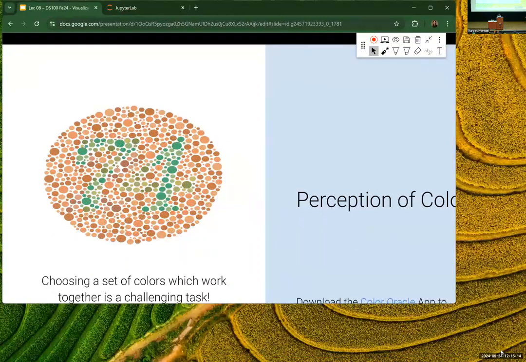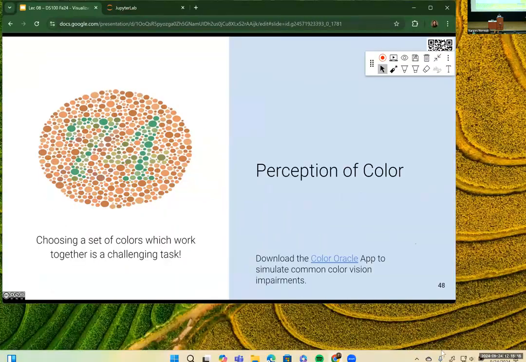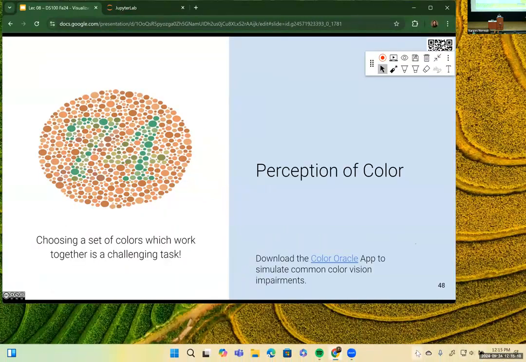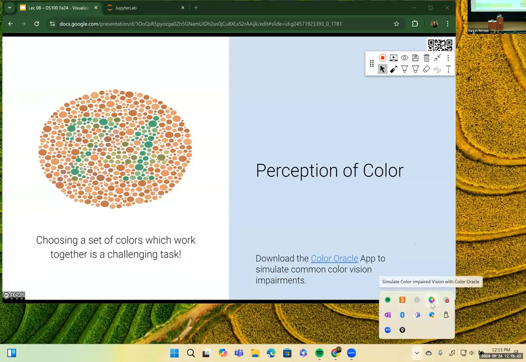So if we go ahead and simulate it, you can also simulate it using different kinds of software that you have. But what I'm using is Color Oracle, which basically will simulate what people with different kinds of color blindness would experience if they look at the plot that you created or they look at the slides that you create. A lot of times when we create the slides, we also simulate it to make sure that all the figures are visible by all the students as well.